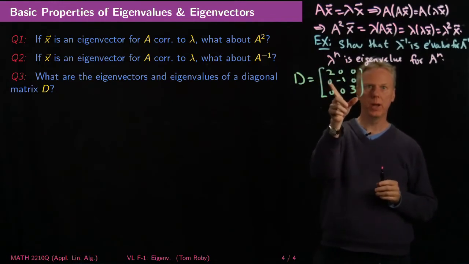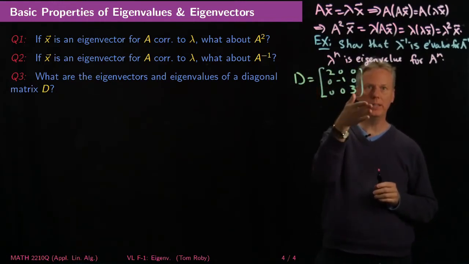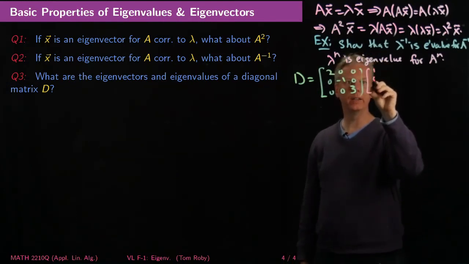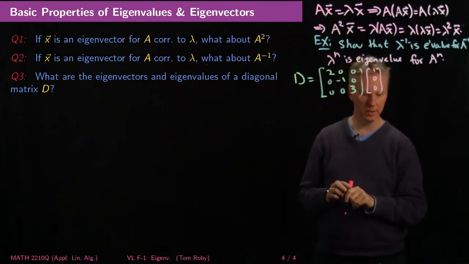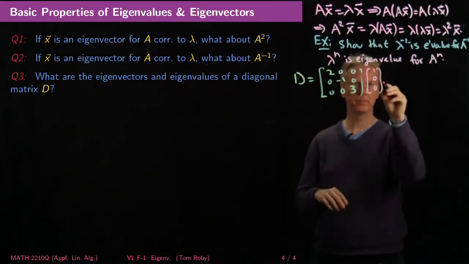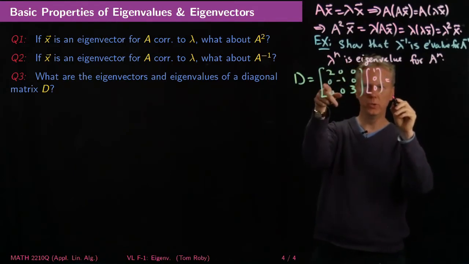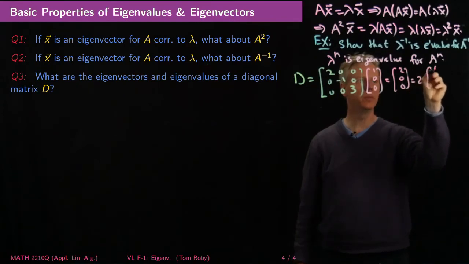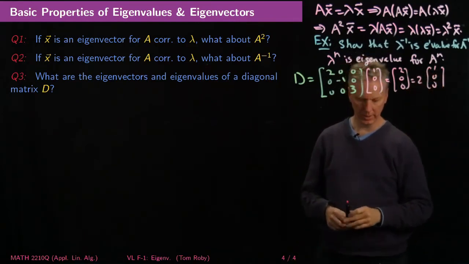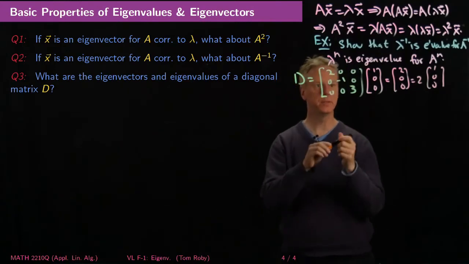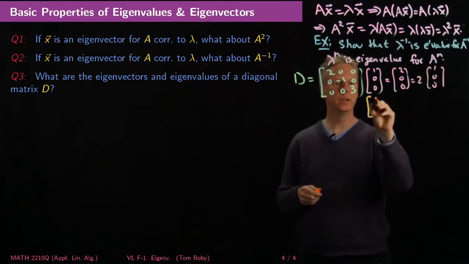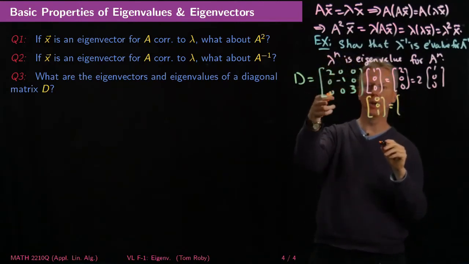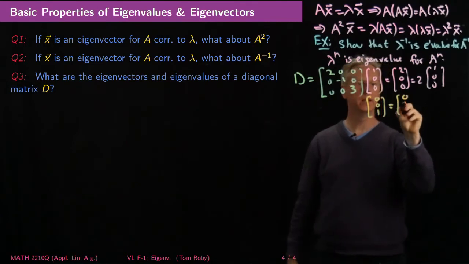So here's the point, right? What vector, if I apply D to it, do I obviously get a scalar multiple of it? Well, in the diagonal case, if I take the standard basis vector (1, 0, 0), then my output is just (2, 0, 0), and that's just 2 times (1, 0, 0). Similarly, if I applied this matrix to (0, 0, 1), I'd get (0, 0, 3).